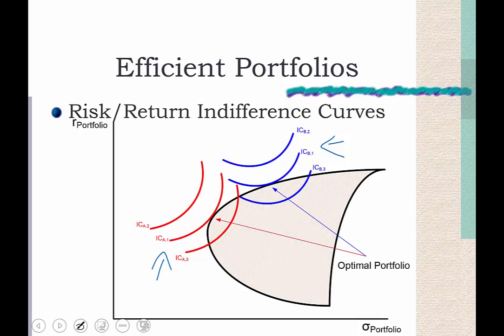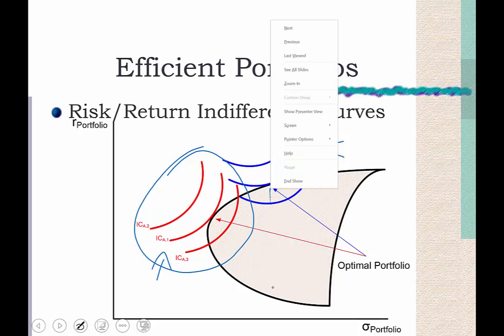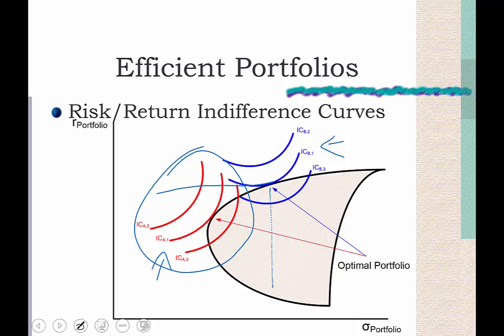This person is actually less risk averse because they're willing to take more risk for a not very big increment in expected return than this person. Okay, so this person is more risk averse. Less risk averse than this person.